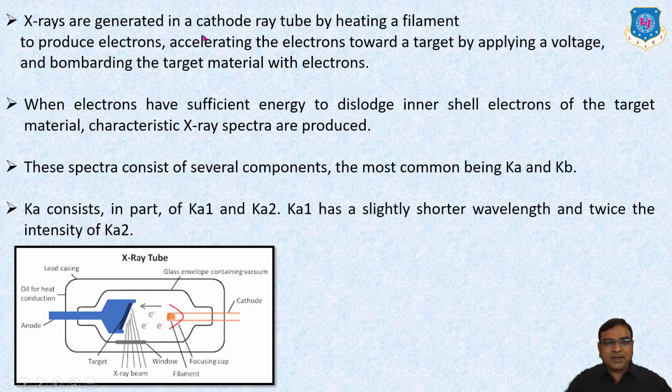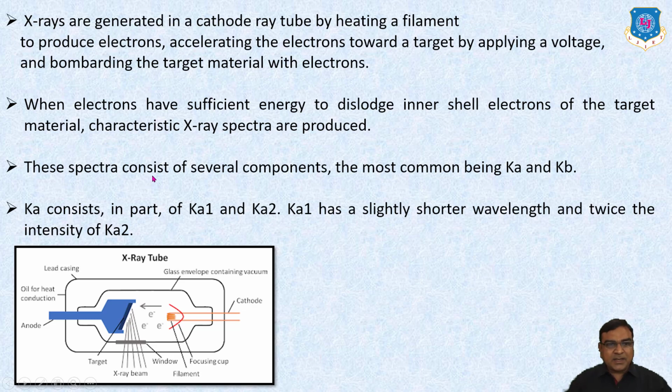X-rays are generated in a cathode ray tube by heating a filament to produce electrons, accelerating the electrons towards the target by applying a voltage, and bombarding the target material with electrons. When electrons have sufficient energy to dislodge inner shell electrons of the target material, characteristic X-ray spectra are produced.